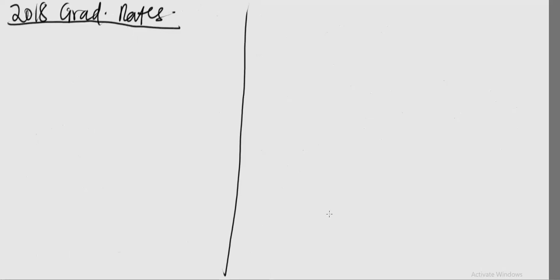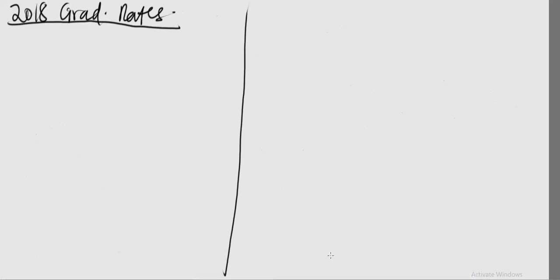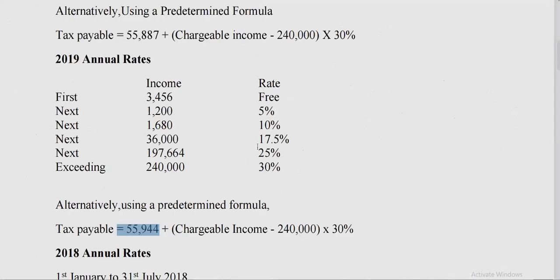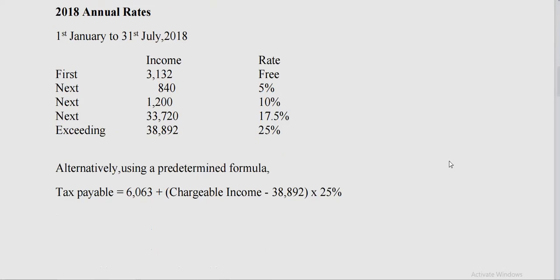So first of all, let's get the rate using our payee schedules. For 2018, we had the first tax table, which was from January to July.